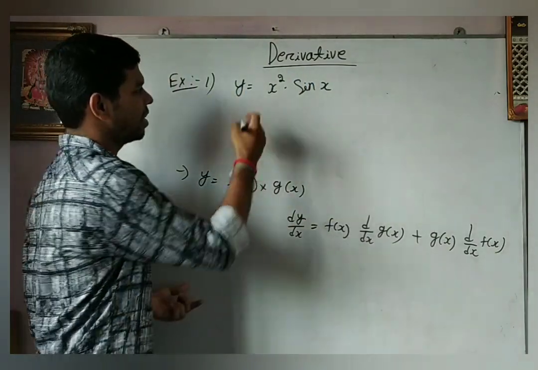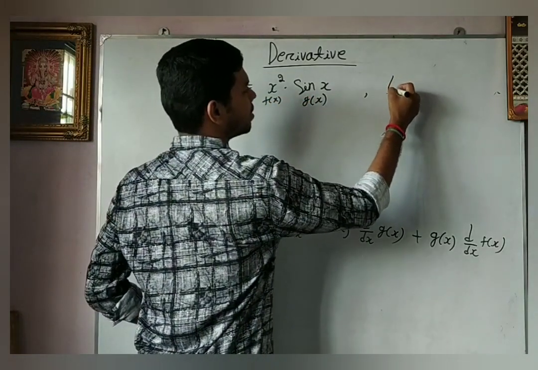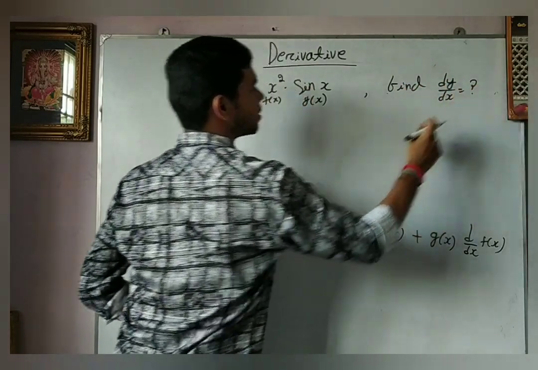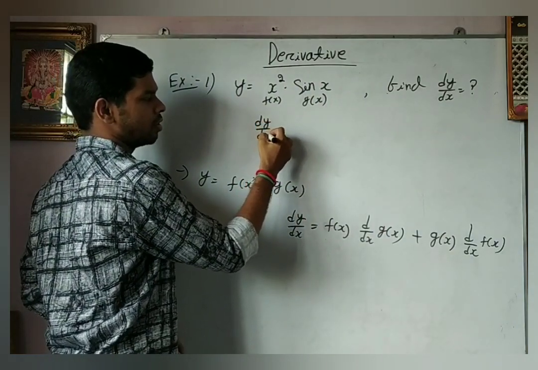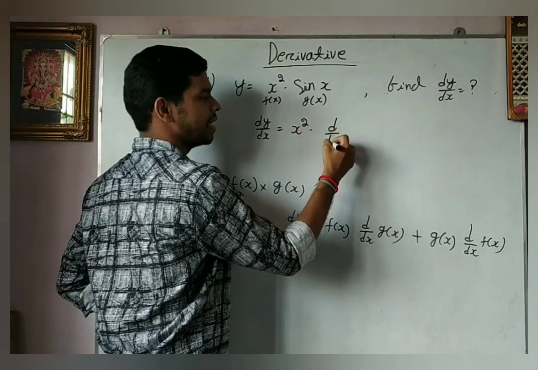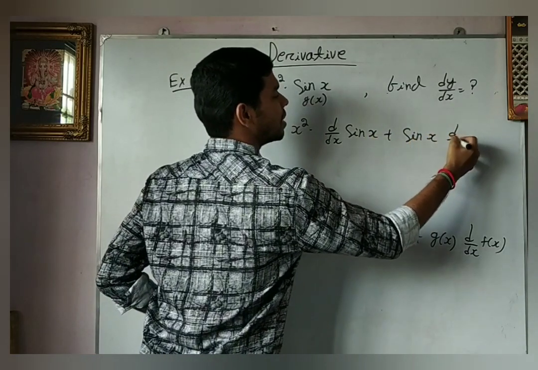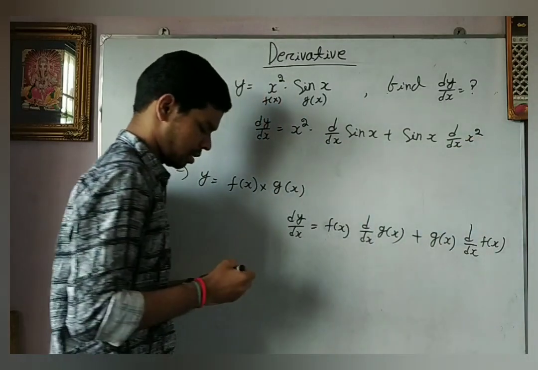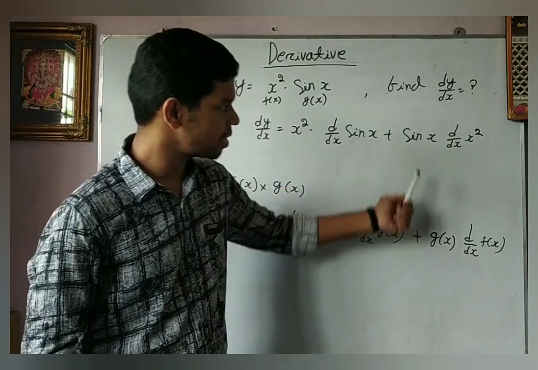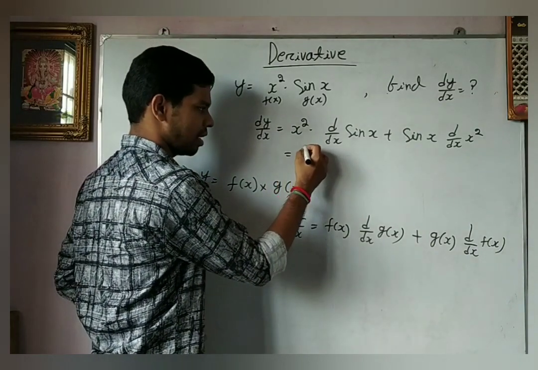If you compare this formula, this is our f of x, this is our g of x, and we have to find dy by dx. dy by dx equal to, with the help of this formula, x square multiplied with derivative of sin x plus sin x multiplied with derivative of x square. f of x multiplied with derivative of g of x plus g of x multiplied with derivative of f of x. And this is x square.